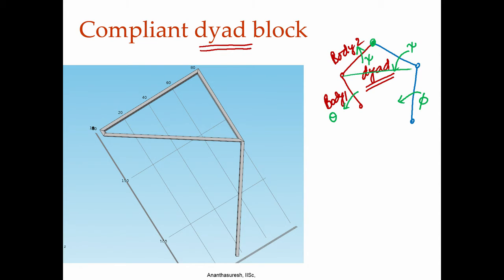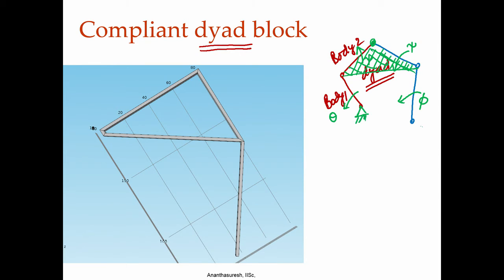So, we can actually join this, it becomes one rigid body, that becomes our coupler body that we discussed in the previous slide. So, we get this rigid body connected with two rigid things here.